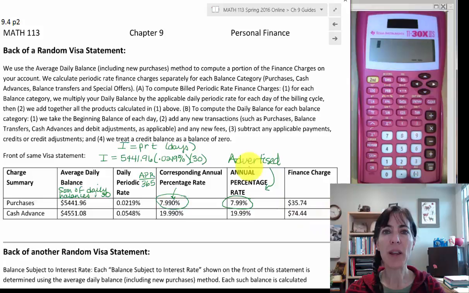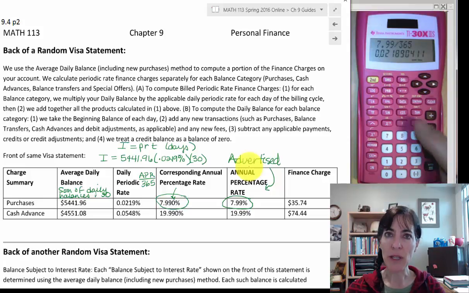So I think I know where they came up with that penny difference. If you take that 7.99 divided by 365, then we get the 0.0218, which we rounded to 0.0219.